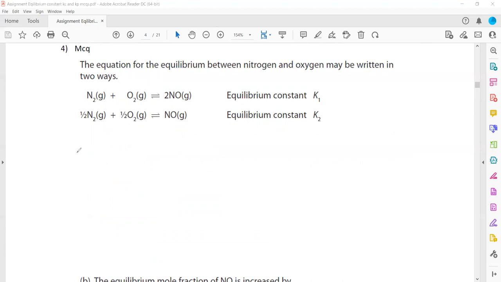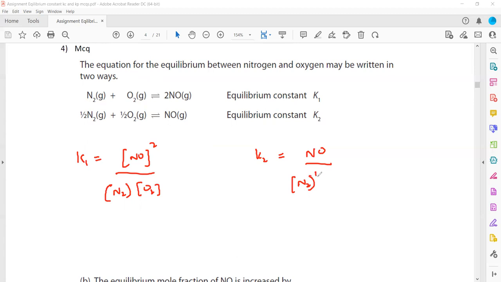The equilibrium constant for the first reaction is NO squared divided by N2 into O2. And for the second expression, it is NO divided by N2 raised to power half and O2 raised to power half.